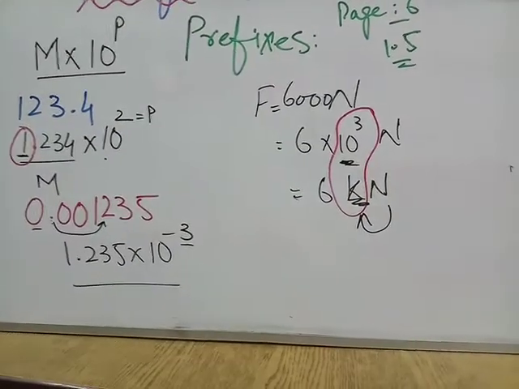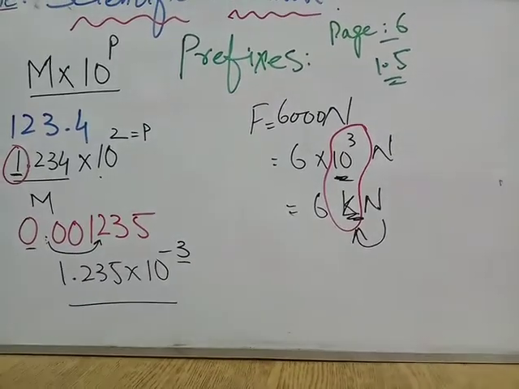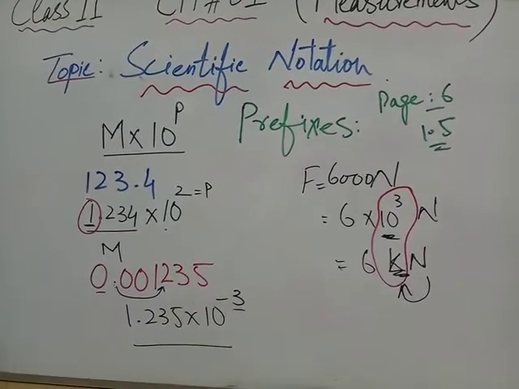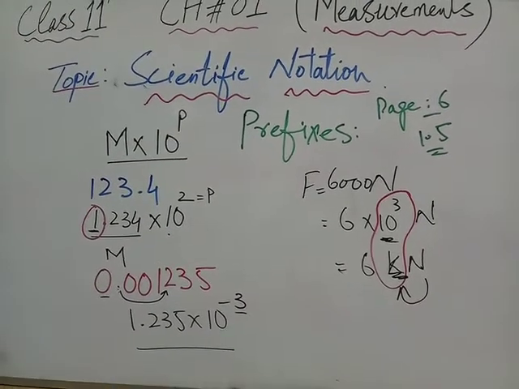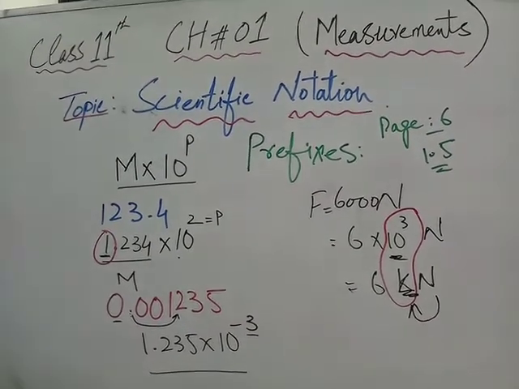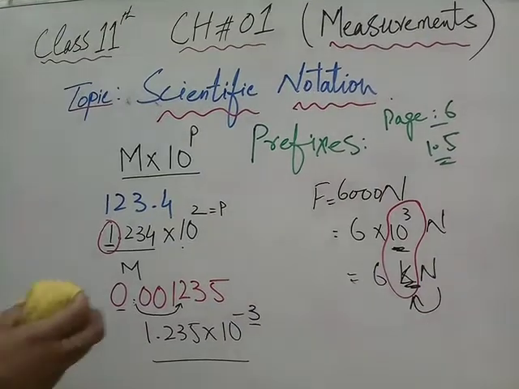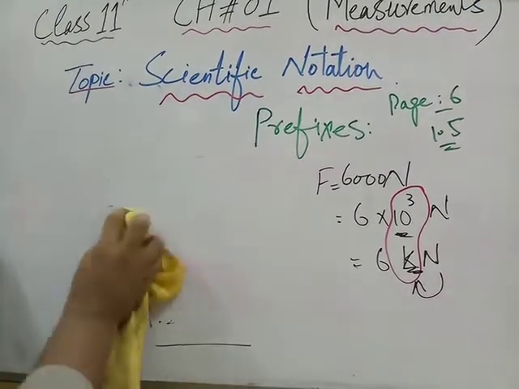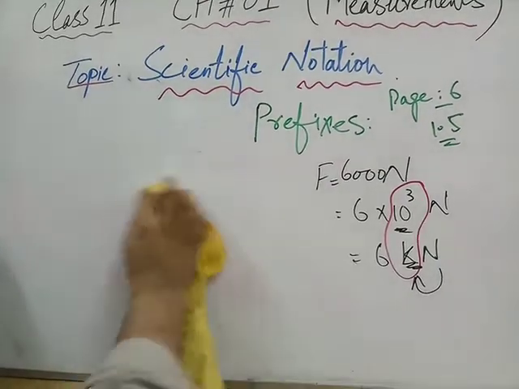My next topic is the conventions of using SI units. So how do we use the SI units? For that there are 7 points in your book, page number 6. You can see those points, or remember these points.